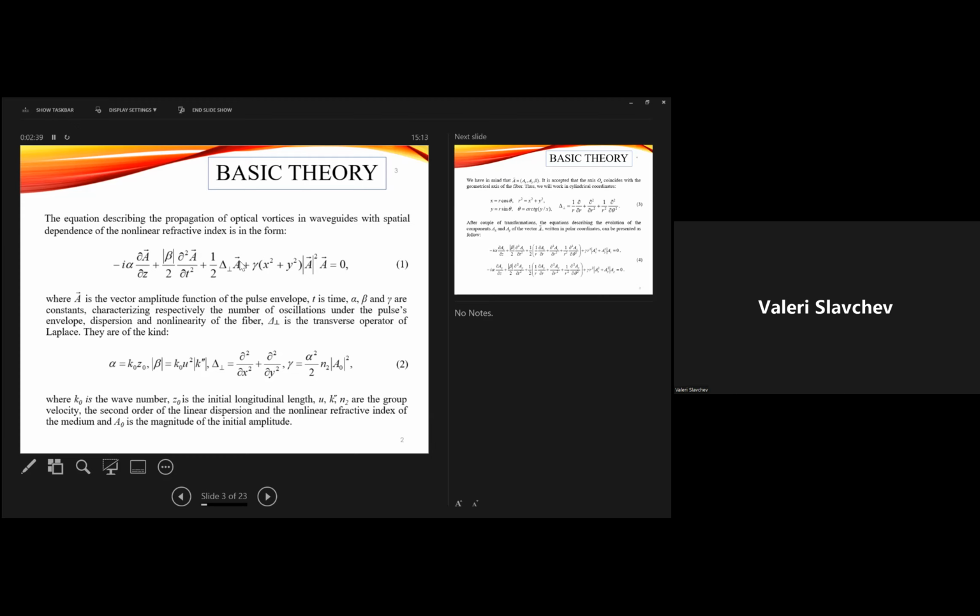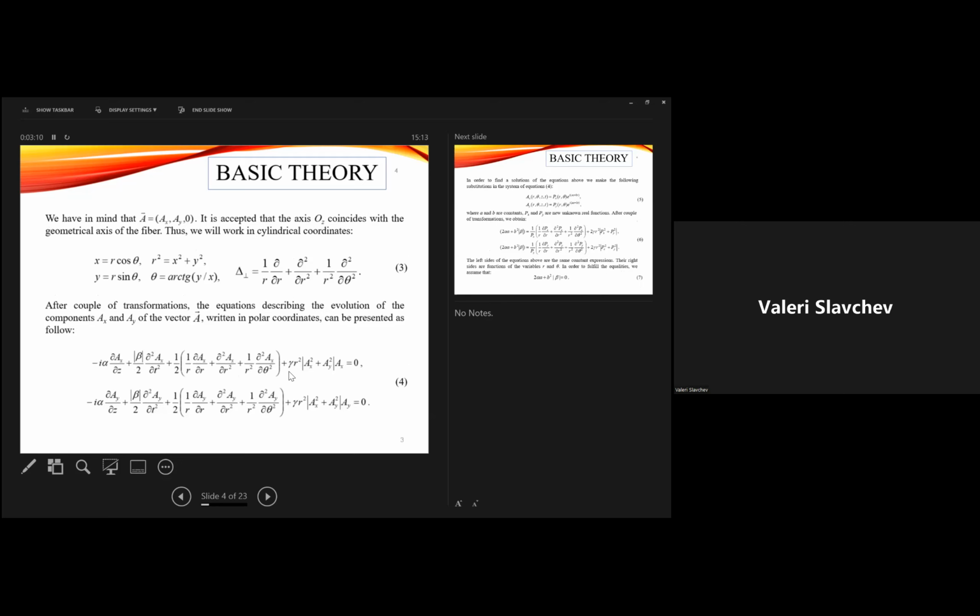Delta is the transverse Laplace operator. These constants are presented in equation 2, where k0 is the wave number, z0 is the initial longitudinal length, u is the group velocity, k double prime is the second order of linear dispersion, and n2 is the nonlinear refractive index of the medium.